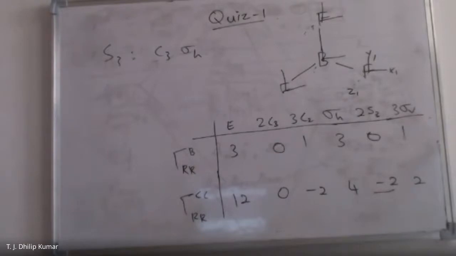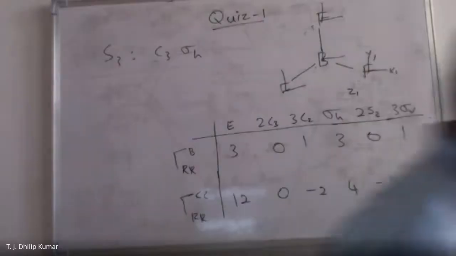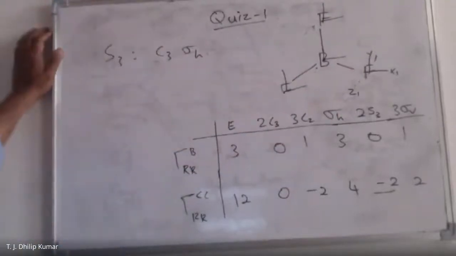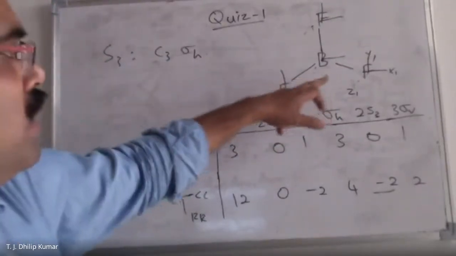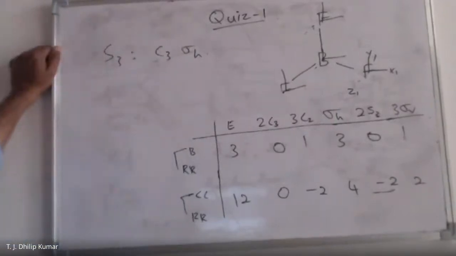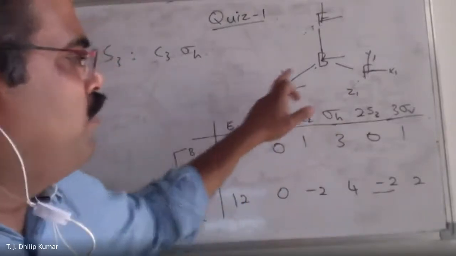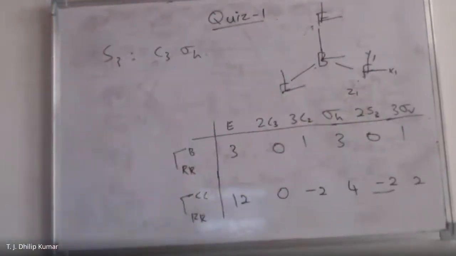Sorry, it will be 2 only. So how do you get sigma V? What happens? These two atoms interchange. We are just placing it on ZZ. So these two will go negative. That is fine, 4 positive, 2 negative. Okay, so this one is perfect.